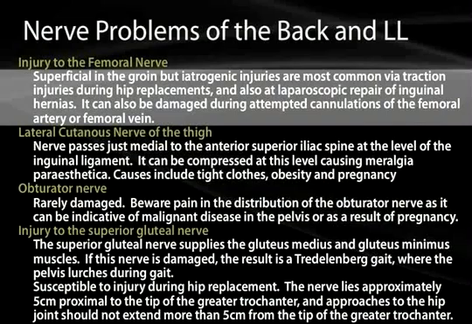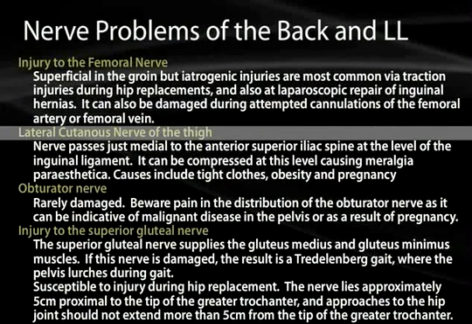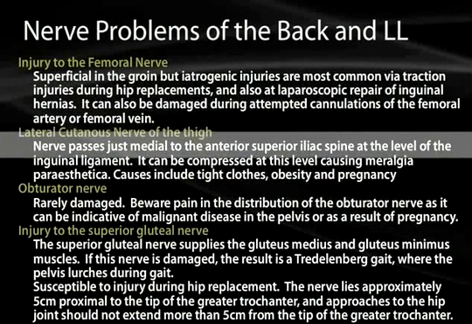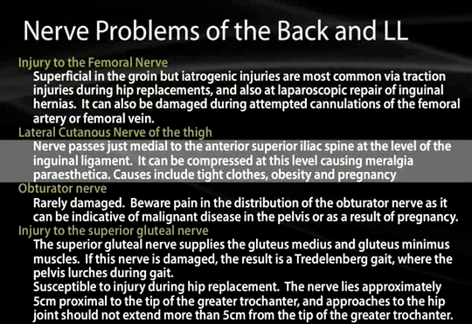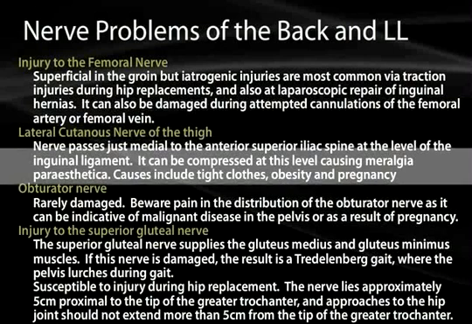It can be damaged during attempted cannulations of the femoral artery or the femoral vein while they're in the femoral triangle. Lateral cutaneous nerve of the thigh is really not too big of a worry because it's simply cutaneous, but it may have a neuralgia paresthetica, which is going to be caused from tight pants, or from obesity and pregnancy where people have not replaced their pants for those specific situations.